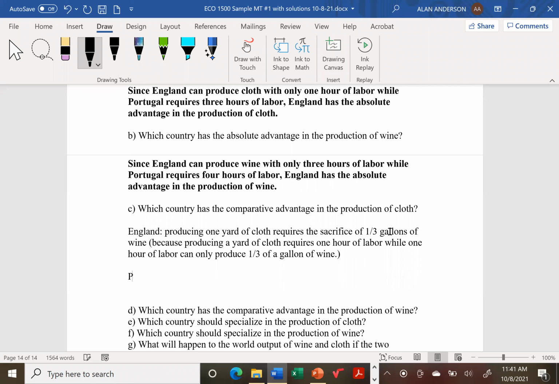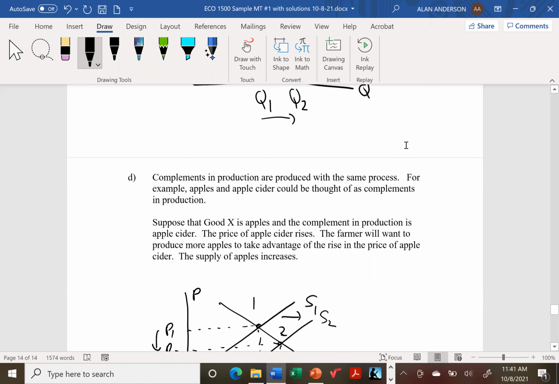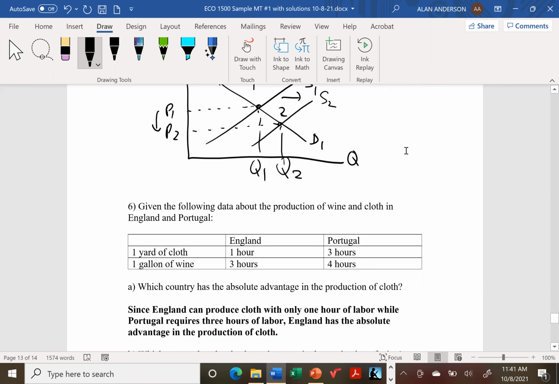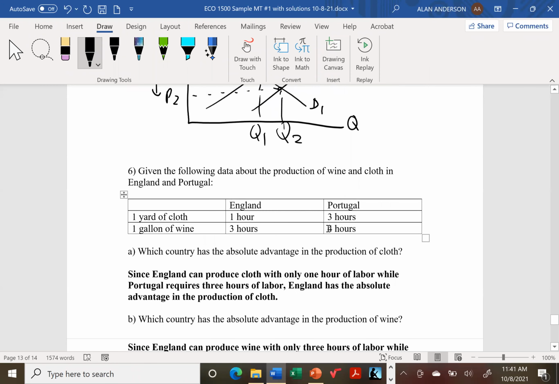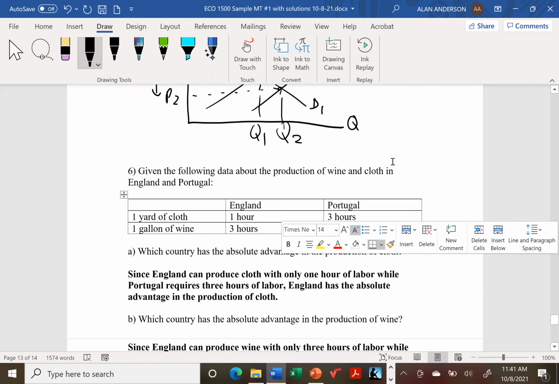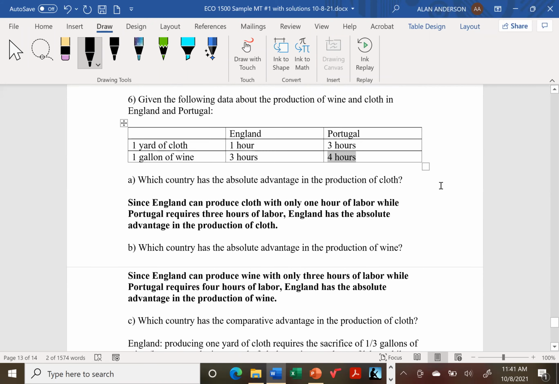Now, what about Portugal? 1 yard of cloth requires the sacrifice of, all right, now for them, a yard of cloth requires 3 hours. Those same 3 hours could be used to produce 3/4 of a gallon of wine.